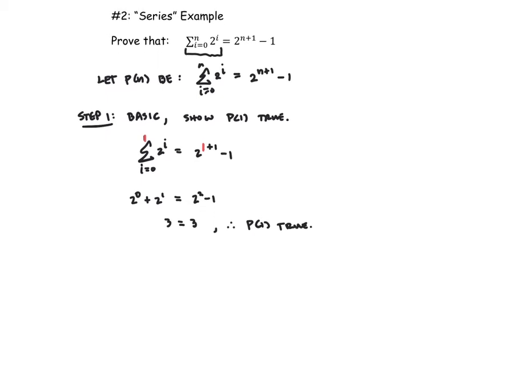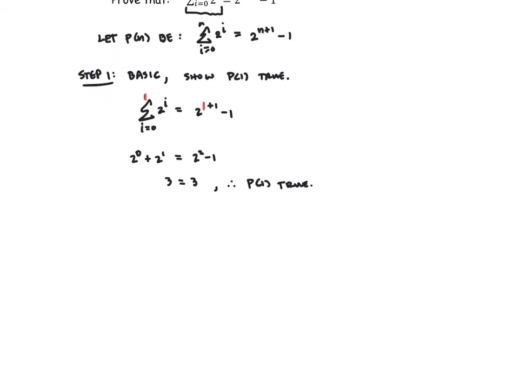Let's look at step 2. Step 2, again, is the assumptive step. And we're going to assume that P of k is true for k in Z plus.